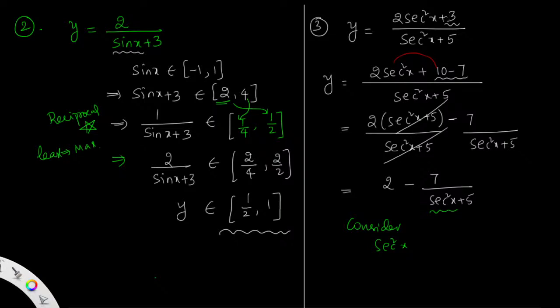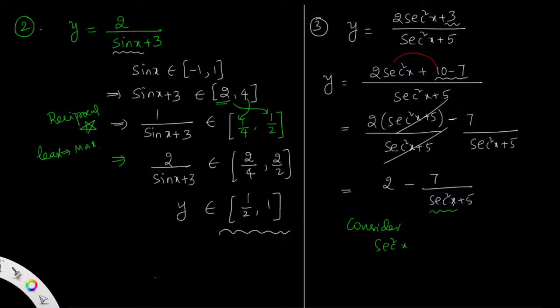We convert 3 as 10 minus 7 step by step. Then from these two terms take 2 common, 2 times secant square x plus 5, and the denominator is secant square x plus 5, minus 7 by secant square x plus 5. Now secant square x plus 5 cancels, leaving 2 minus 7 by secant square x plus 5.